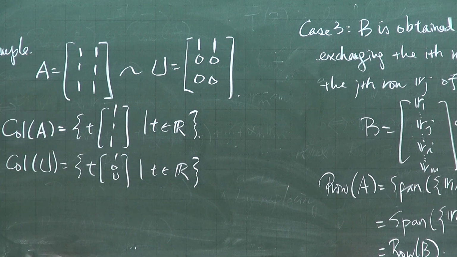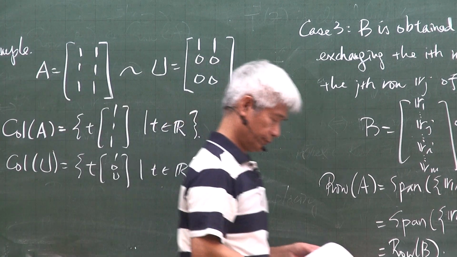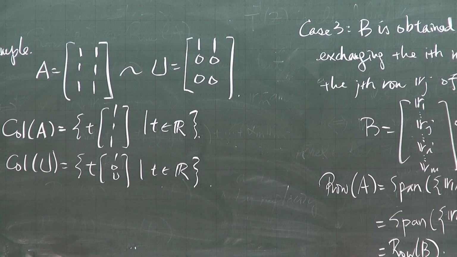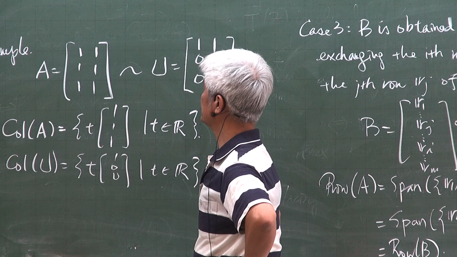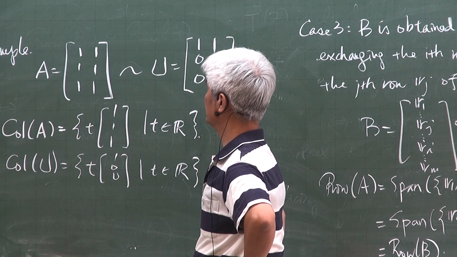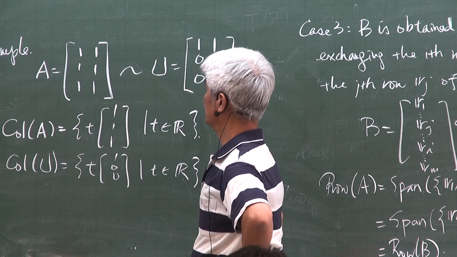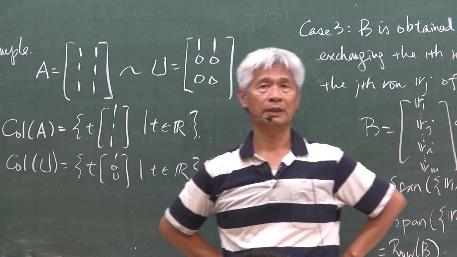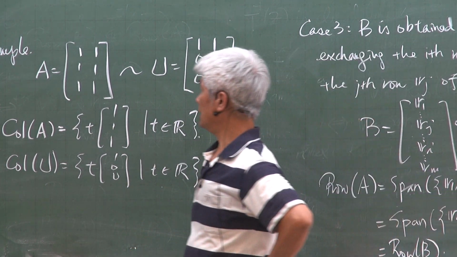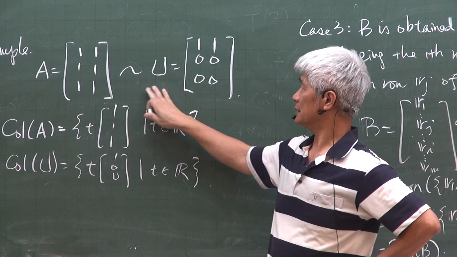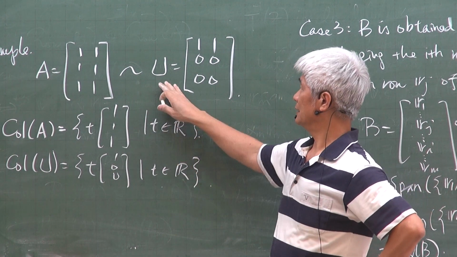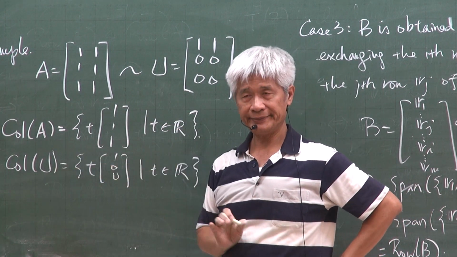And look at these two. Of course, they are not equal, right? So it seems that finding the reduced row echelon form is useless, in terms of the column space of A.